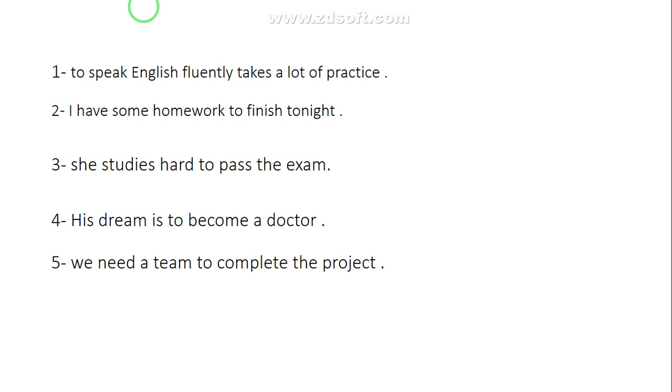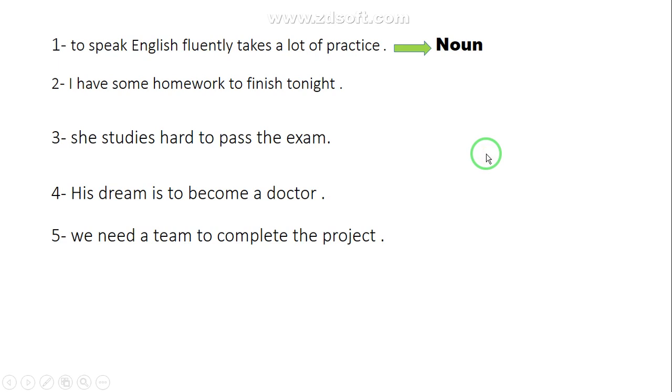To speak English fluently takes a lot of practice. As you can see, to speak English fluently is our infinitive phrase, right? And since it comes before a verb, it is acting as a subject. So, it is a noun.